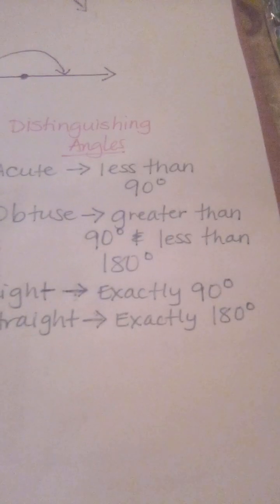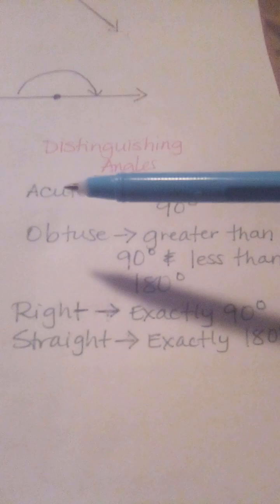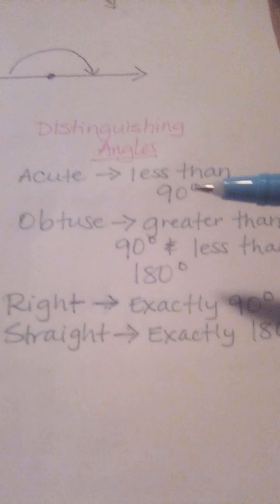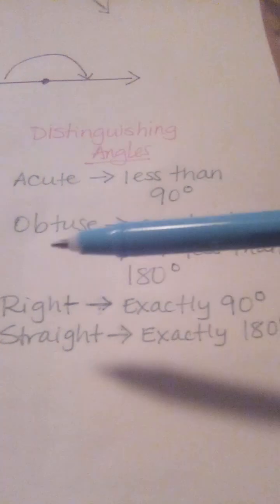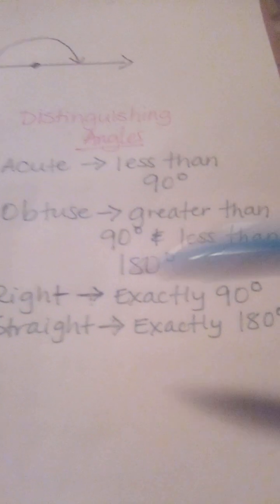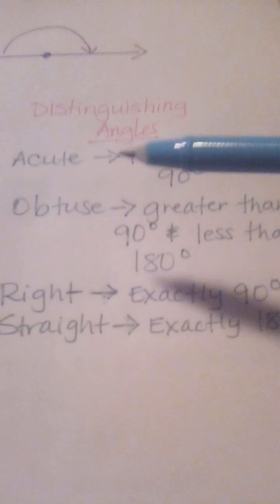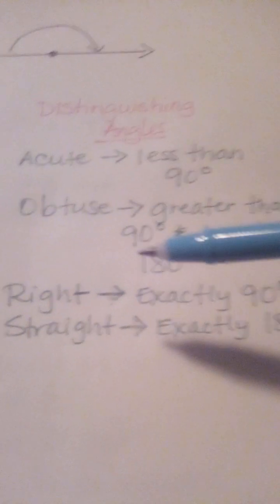We have these four angles I mentioned. I hope you can see this. Acute measures less than 90 degrees. Obtuse is greater than 90 degrees and less than 180. That's the difference between acute and obtuse.